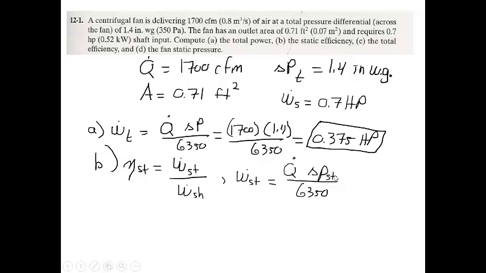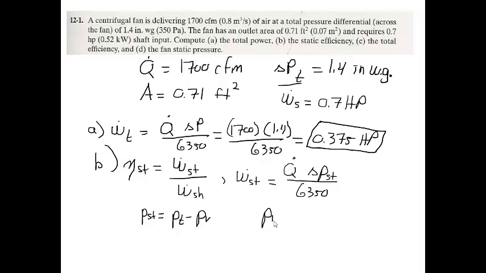So now you have the total pressure given to you, and you need to figure out what the static pressure is. Knowing the total pressure, you can subtract out the velocity pressure. So the total pressure is static plus velocity pressure, and the static pressure would be the total minus velocity pressure.